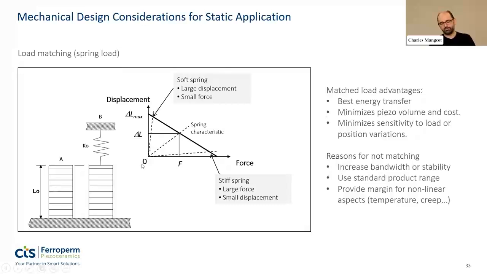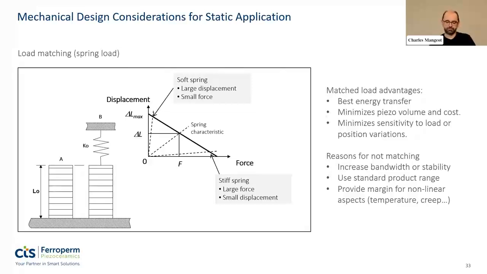It turns out the best energy transfer is when the stiffnesses are matched, so are similar between the load and the actuator. This is where you can transfer the energy in the most efficient way, and that minimizes your volume and also the cost. But you can have reasons for not matching the load.